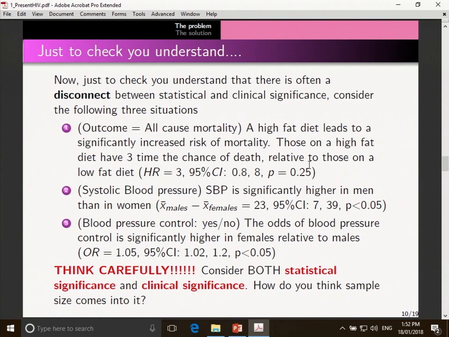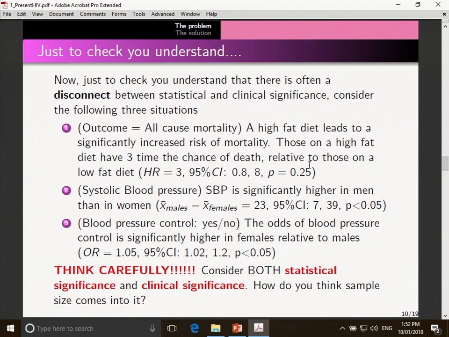It's clinically important. Is it statistically significant? Yes. So it was unlikely to happen by chance, and we believe that what we observed in our sample flows through to our population. That's right. So that's relatively strong evidence, providing that the design is good and so on.